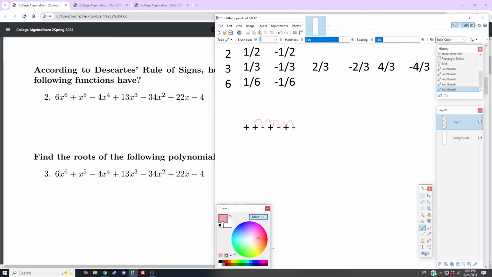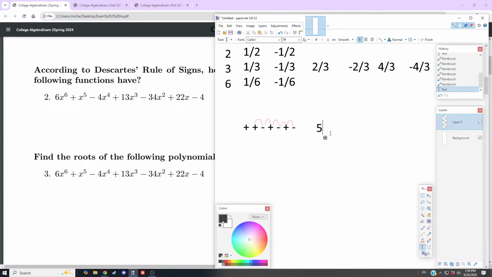And I have here 5 sign switches. So, Descartes' rule of signs says that the number of positive roots is the number of sign switches minus an even number. So 5 minus 0, 0 is an even number, is 5.